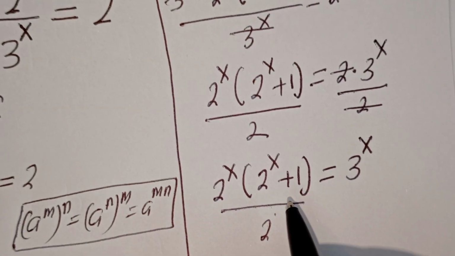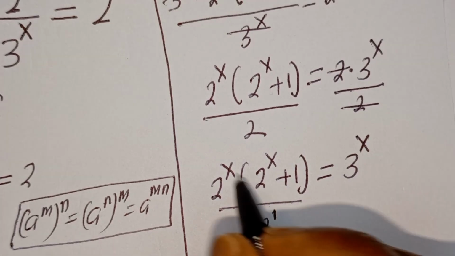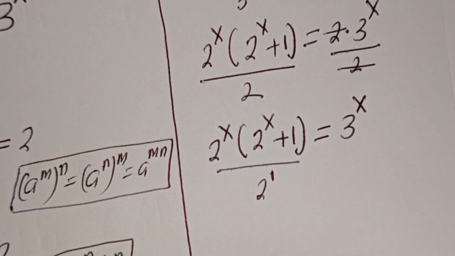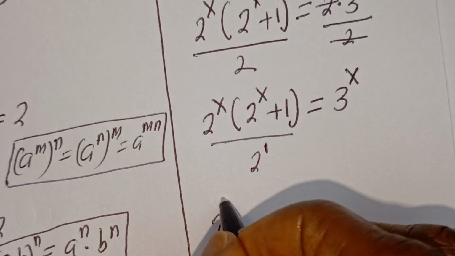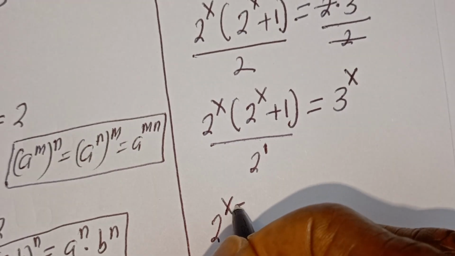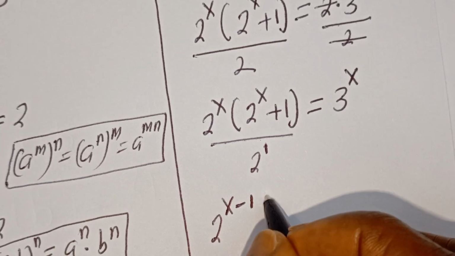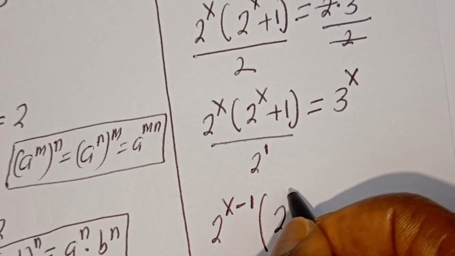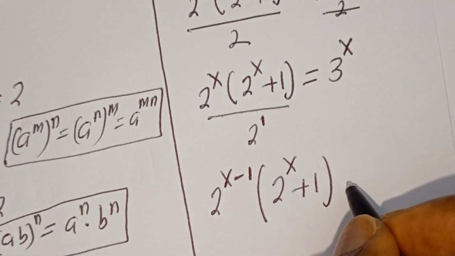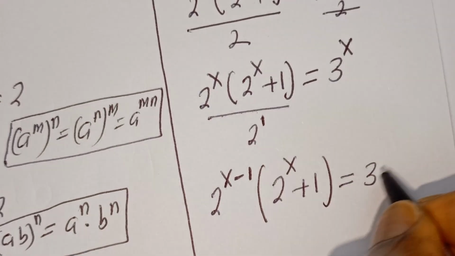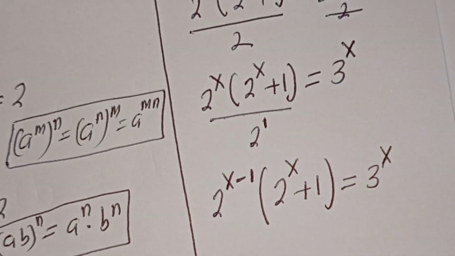But this 2 is the same thing as 2^1. So this can be written as 2^(x minus 1) bracket 2^x plus 1 is equal to 3^x.